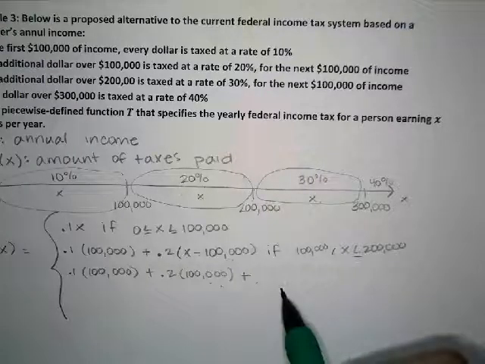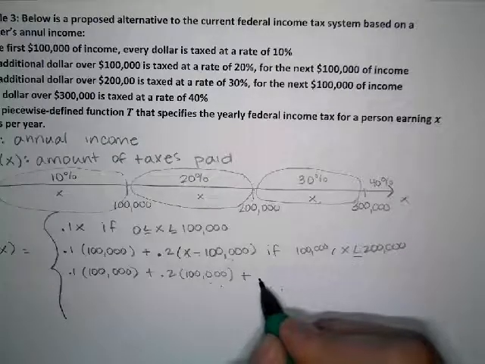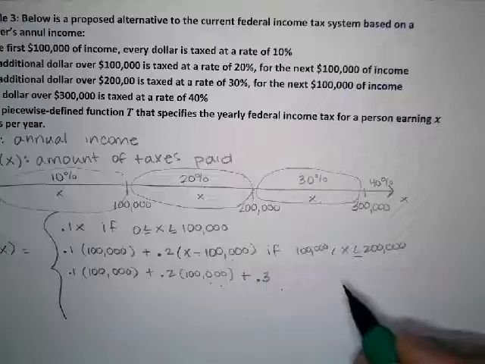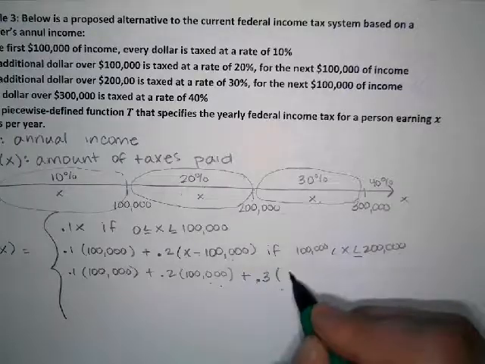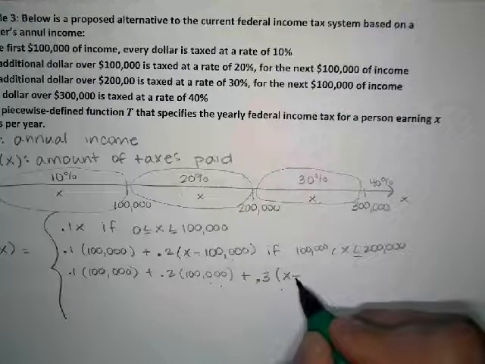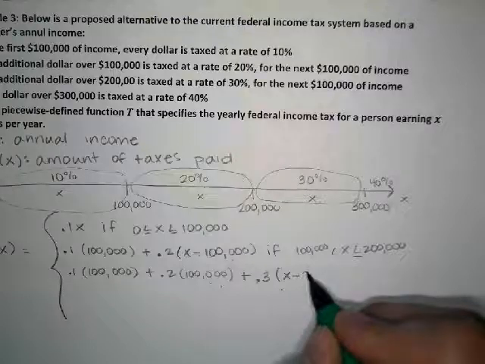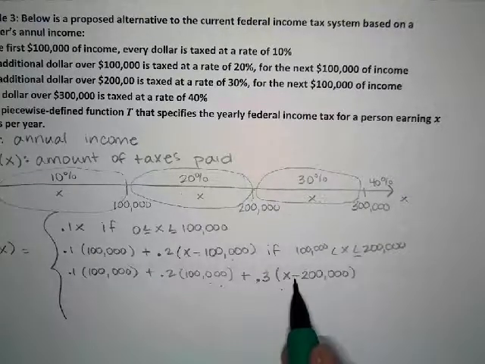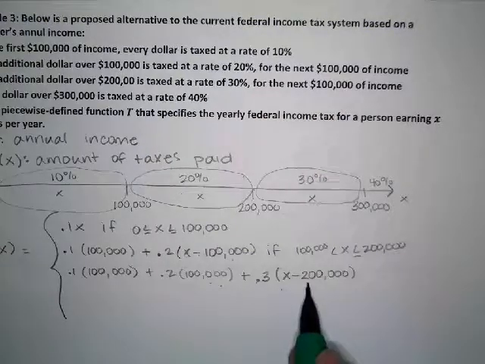Does that make sense? So now I have to be in the 30%, so I'm going to do 30% times X minus, what number must I be over? I must be over 200,000. So I just need to figure out how high above 200,000 I am, because whatever is over 200,000, that's how much I'm paying the 30% on.